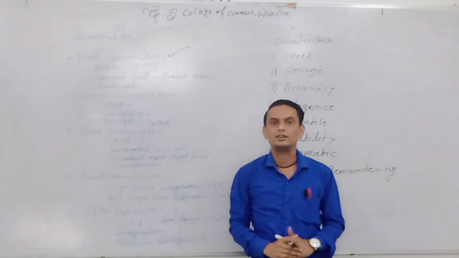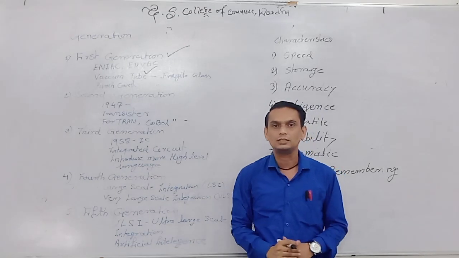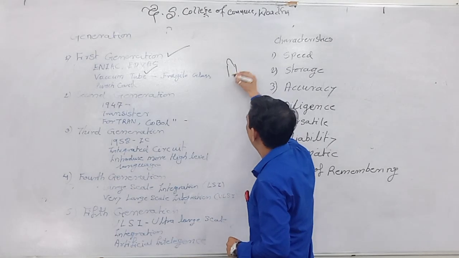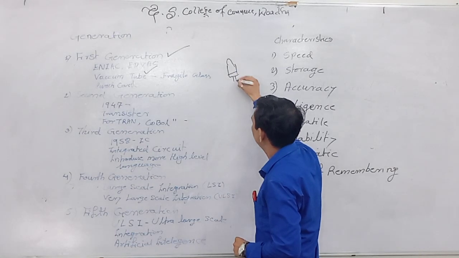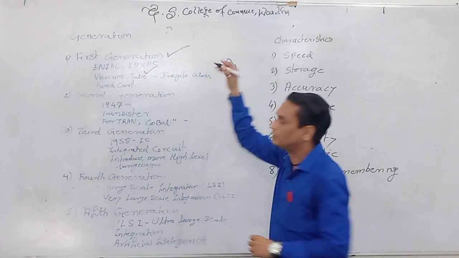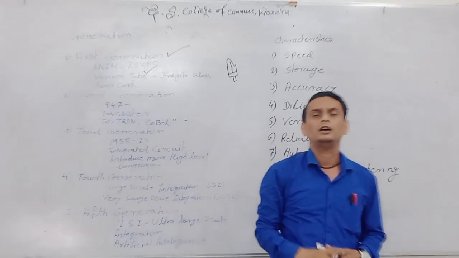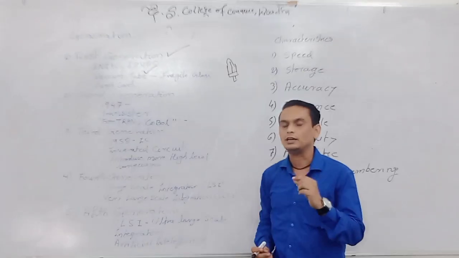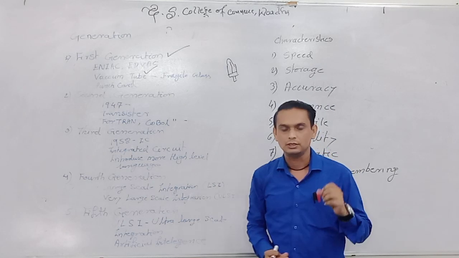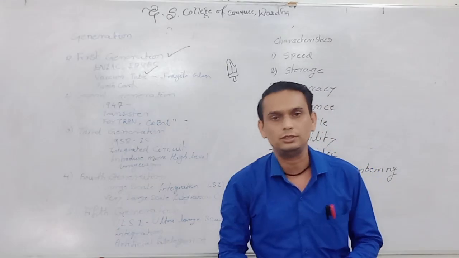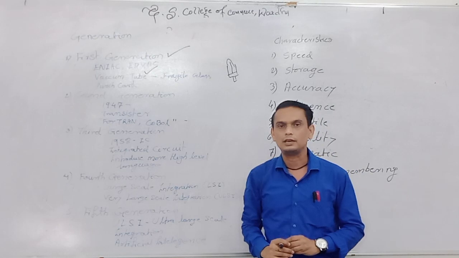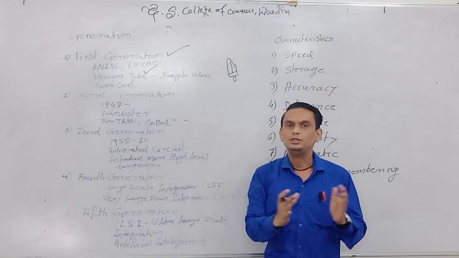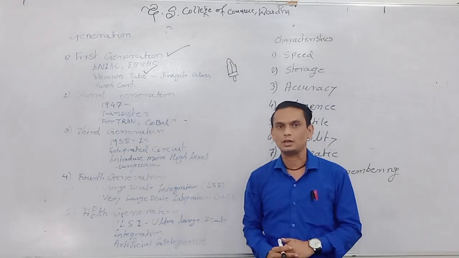A vacuum tube is a fragile glass device, like a tube or a bulb, just like a red bulb where we use a filament inside fragile glass. It uses a lot of heat. The first generation computers are the computers where these vacuum tubes are used.